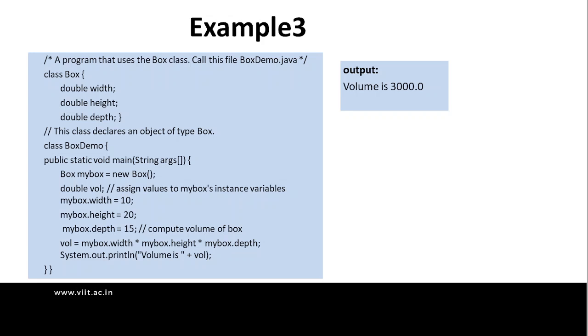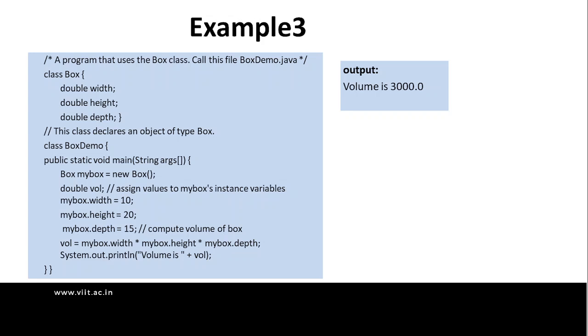Inside that main method we can create an object of the Box class, and the name of that object is myBox. Then a double volume, we can create a variable inside main, a local variable we can say.